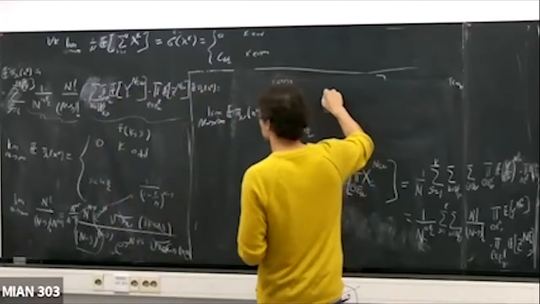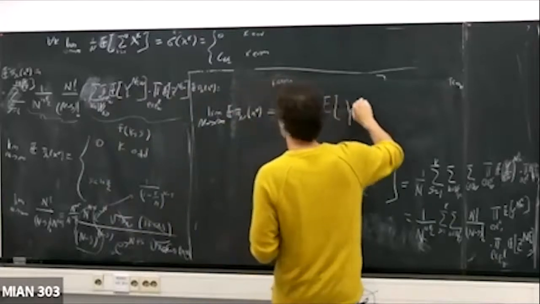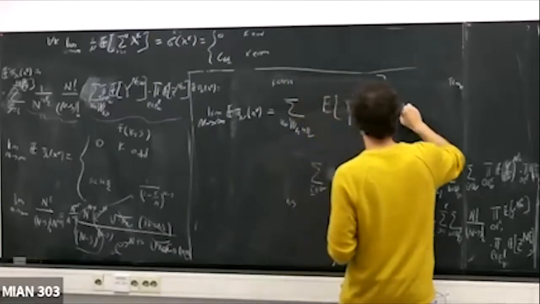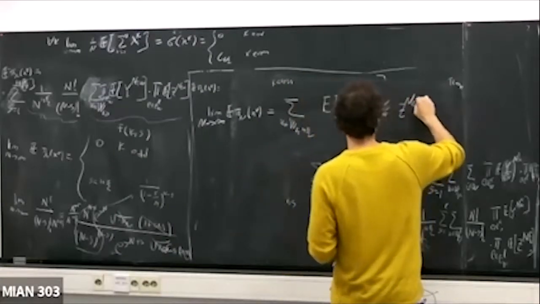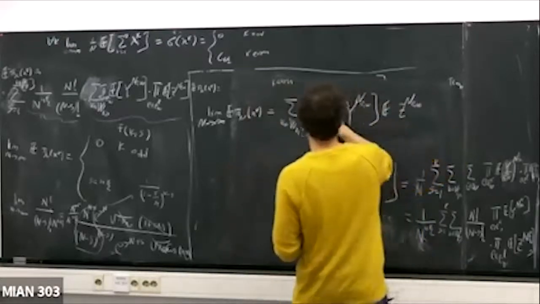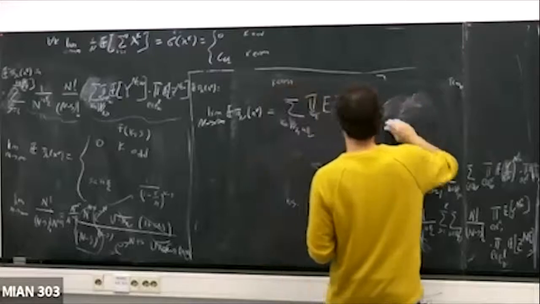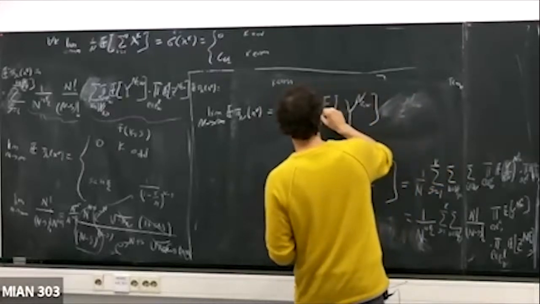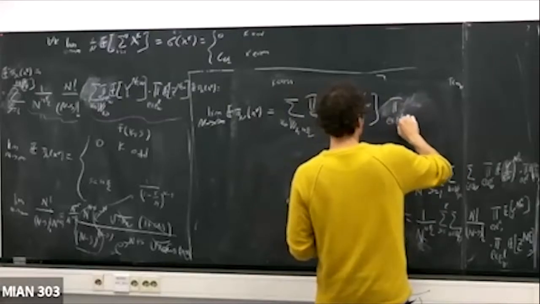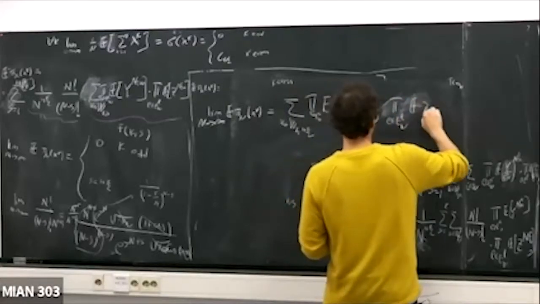And here I have the expected value of y and of z, how many times, products over the connecting edges, and the product over loop edges of the expected value of z to the n.